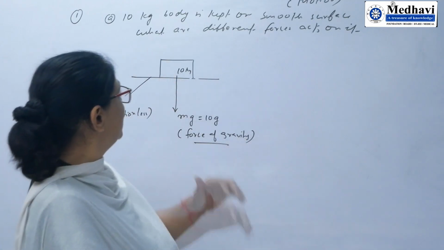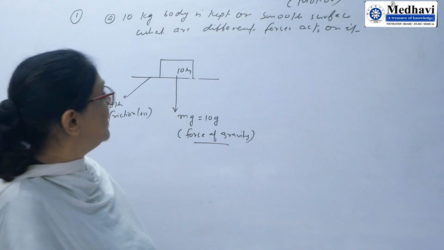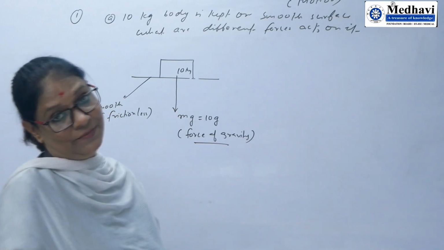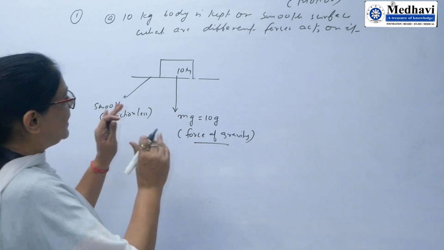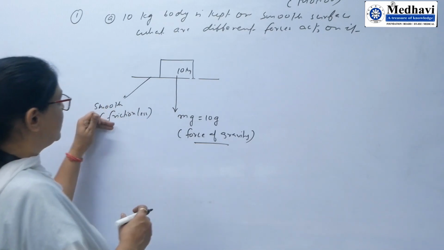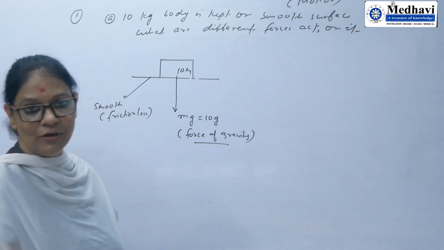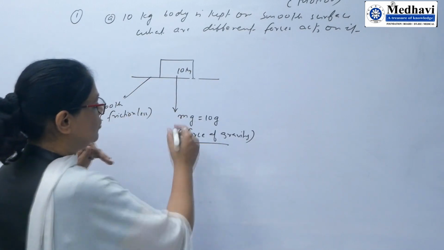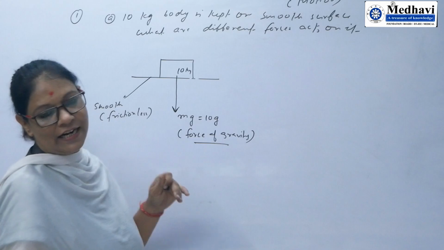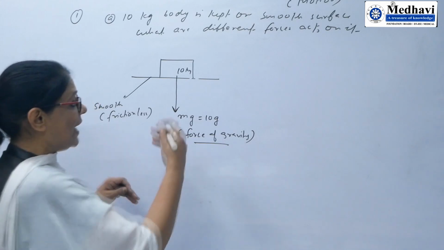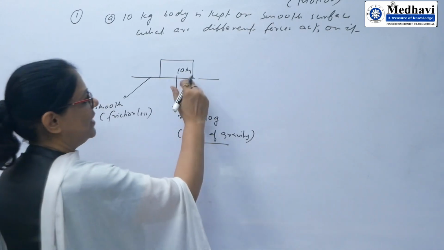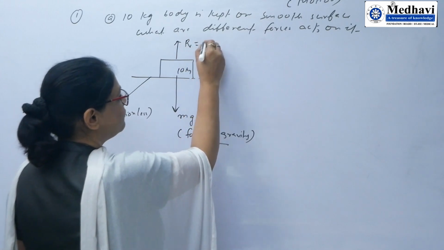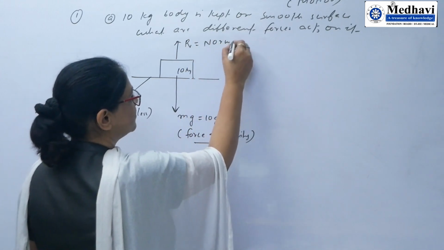So the first question I have given: a 10 kg body is kept on a smooth surface, what different forces act on it? As the surface is smooth, it is frictionless. That is the first conclusion we have drawn. Second, the body is on the surface, so the force of gravity will act in the downward direction. And as the body is pressing the surface, the surface will apply an equal and opposite force, that is normal.